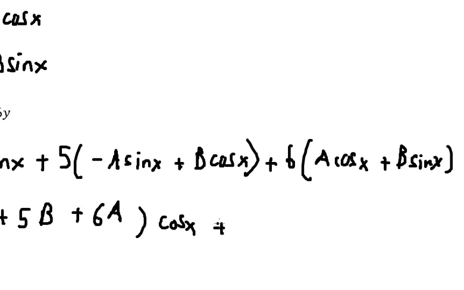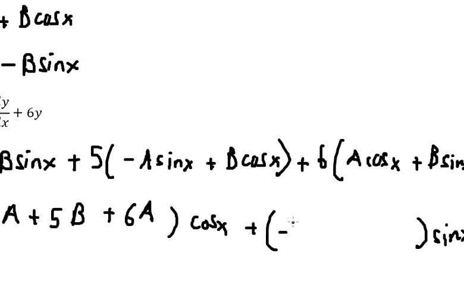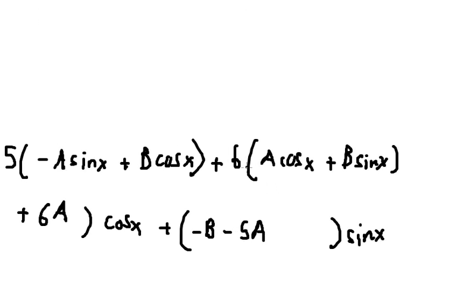Now let's go to sine x. For sine x, we have negative b. So we put this one here. 5 with negative a, we have negative 5a. This one, we have 6 with b.